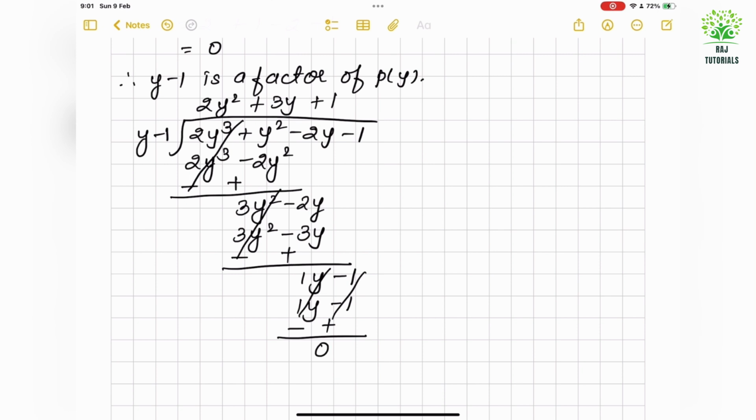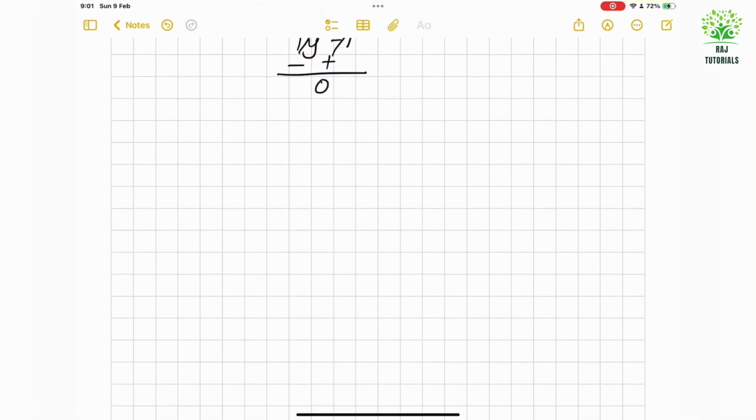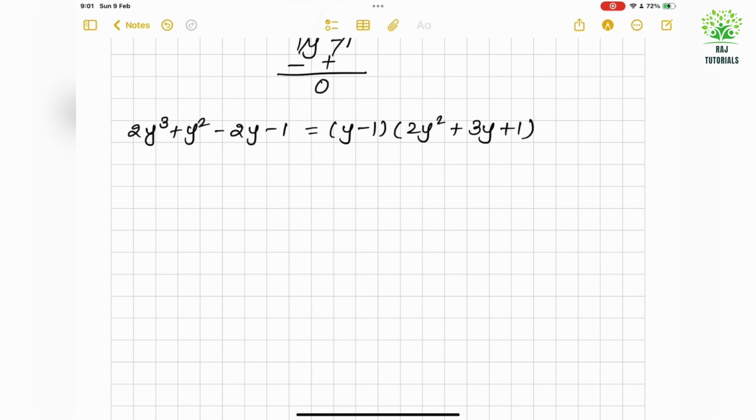So I can say 2y cube plus y square minus 2y minus 1 will be equal to y minus 1 into 2y square plus 3y plus 1. Still, I can factorize that further: y minus 1 into 2y square plus 2y plus y plus 1.